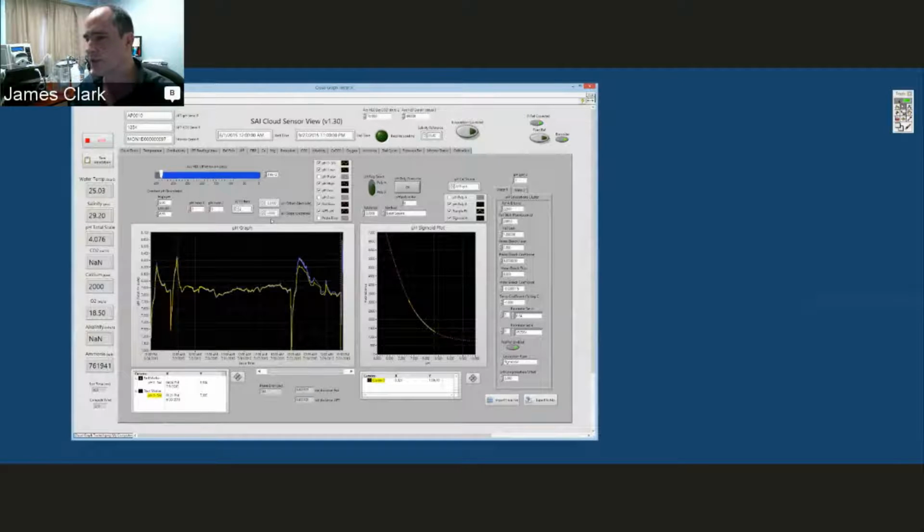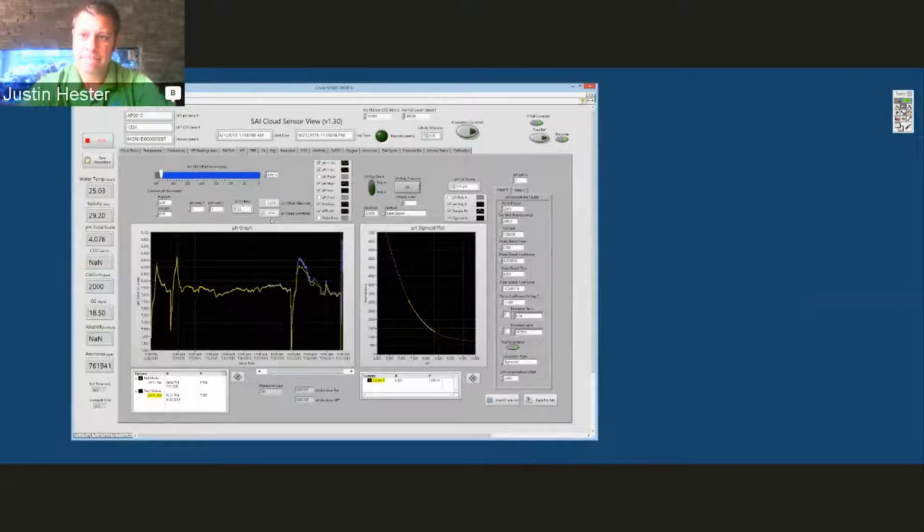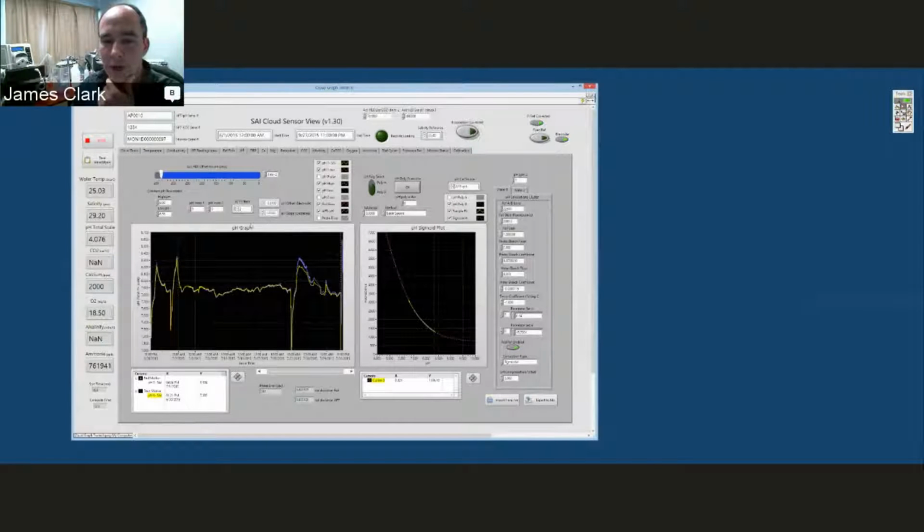So this program is doing the computations from what it downloads off the cloud for the raw optical data. The first tab I'm on shows the pH testing we've been doing against the scientific instruments sitting next to me.